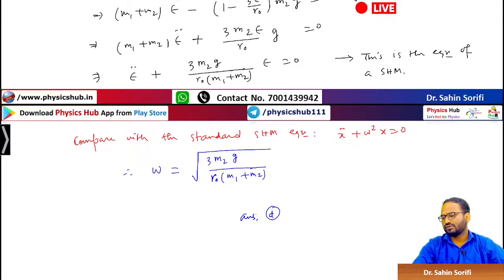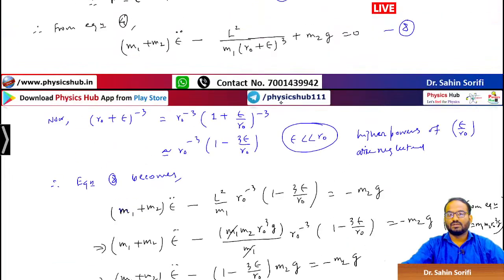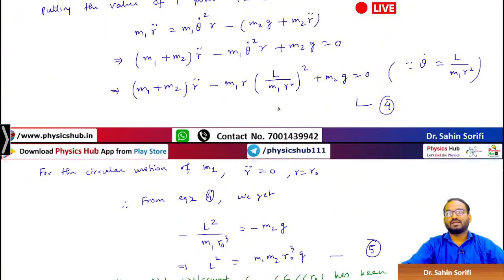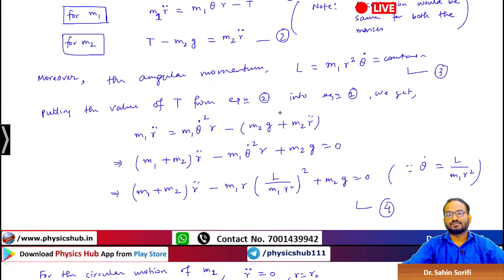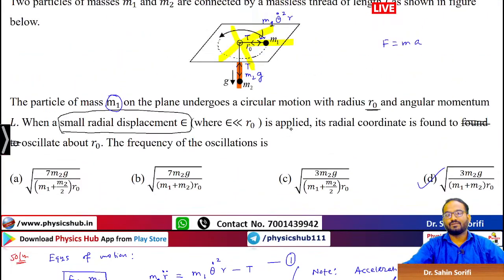The more you solve difficult questions, the easy questions will appear very easy, and medium level questions will appear easy. This type of question is like a mental exercise. You will not solve it in the examination in the very beginning. You will keep these problems to solve at the end. But you should practice and know how to solve this kind of problem.